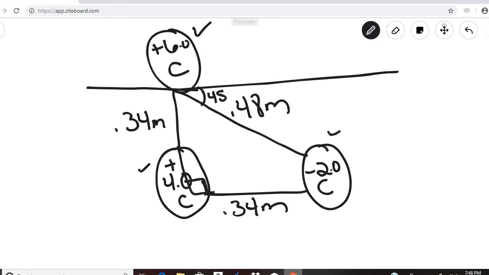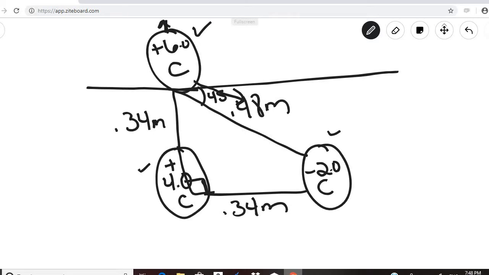Okay, so first of all, these two are the same charges, so they are going to repel each other, and so this charge is going to push that charge that way, and these two, because they're opposite charges, will attract, so this one would move in that direction.